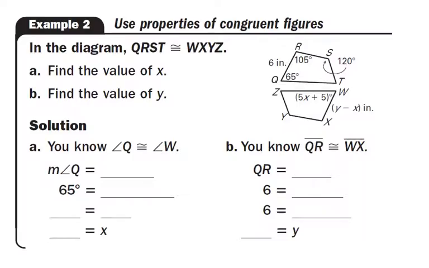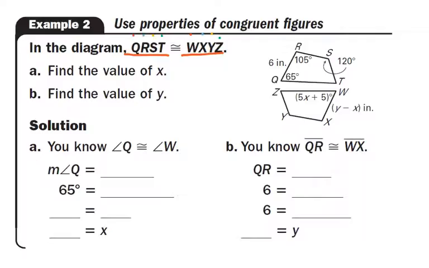All right, example 2 here. In the diagram, we know that polygon QRST is congruent to WXYZ. So right away I know that Q and W are corresponding parts, R and X are corresponding parts, S and Y, same thing with T and Z. So those will all be the same.